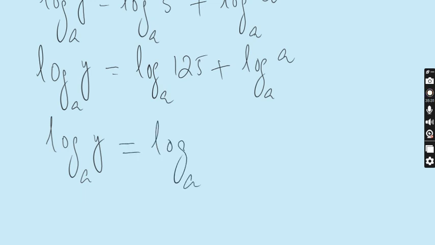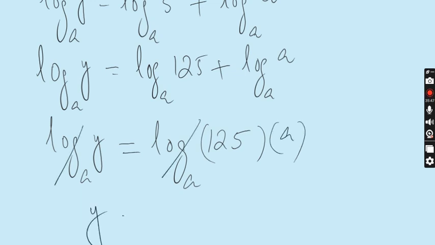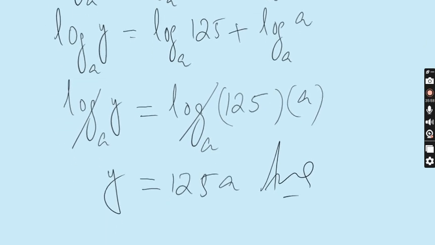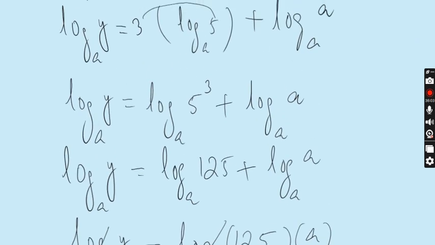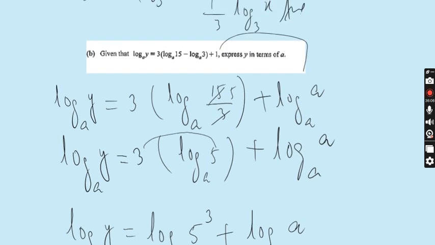Addition is converted into multiplication. 125 into a. This log base a cancels this log base a. So y is equal to 125a. This was the requirement of the question. Express y in terms of a. It means make y the subject of the formula. So y is equal to 125a.